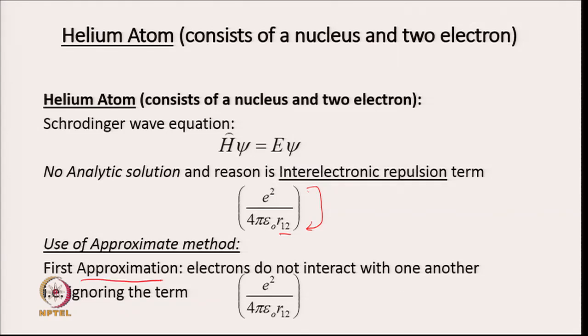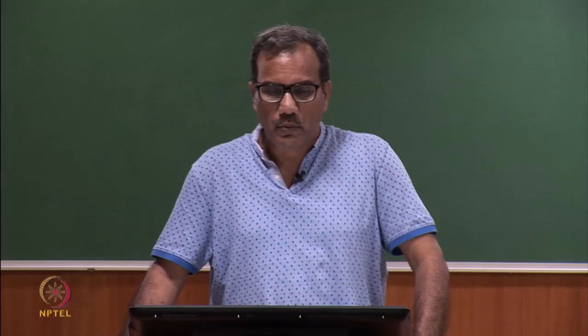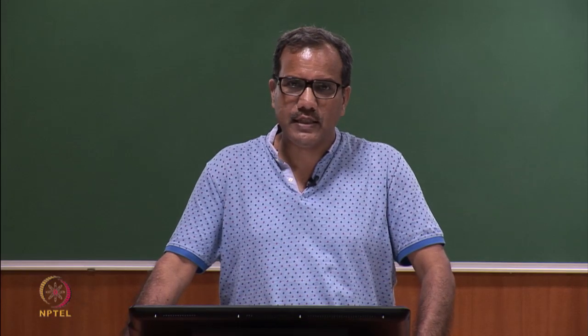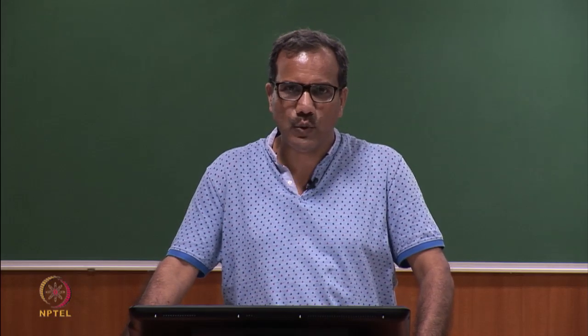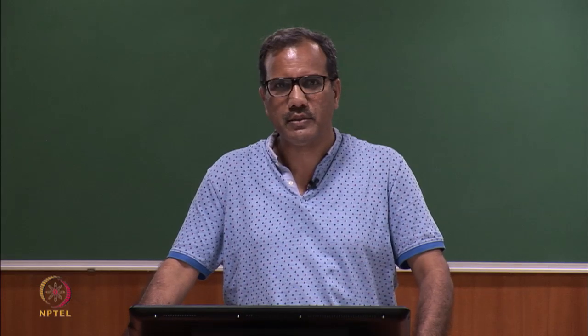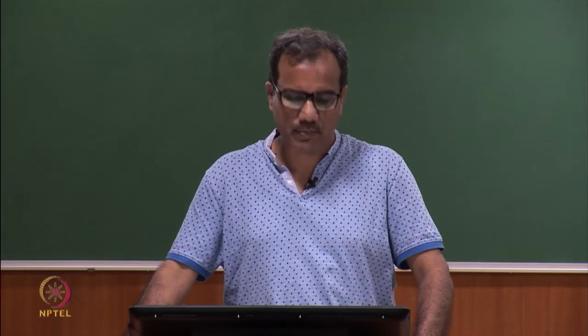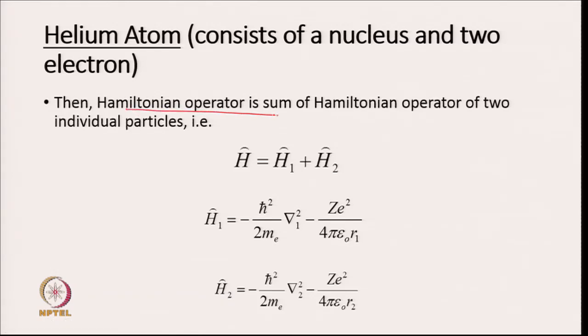In this method, first we assume that electrons do not interact with one another, and then we can ignore this potential energy term, the potential energy due to inter-electron repulsion. In this case, when we ignore the inter-electron repulsion, we can express the Hamiltonian operator as a sum of the Hamiltonian operators of the two individual electrons.